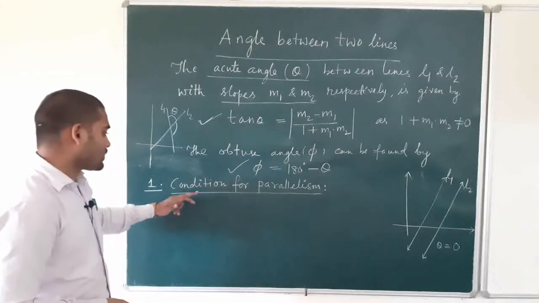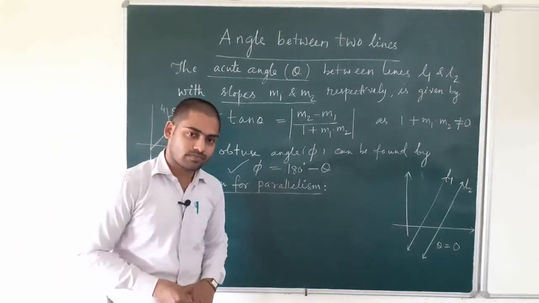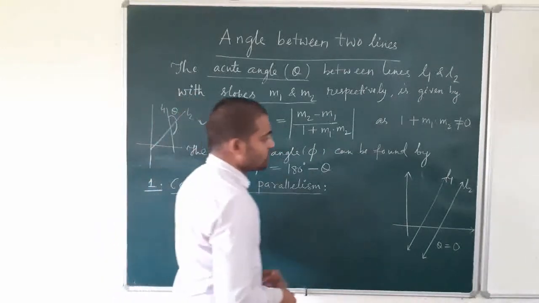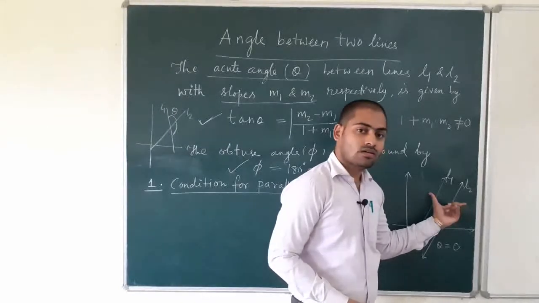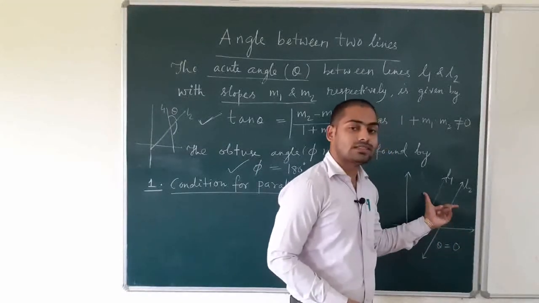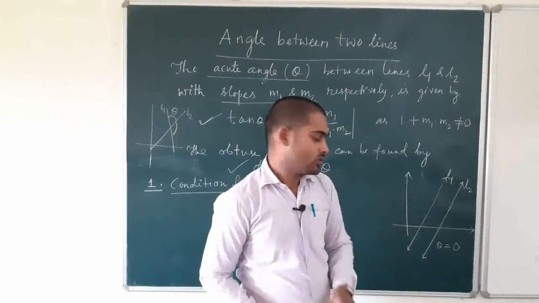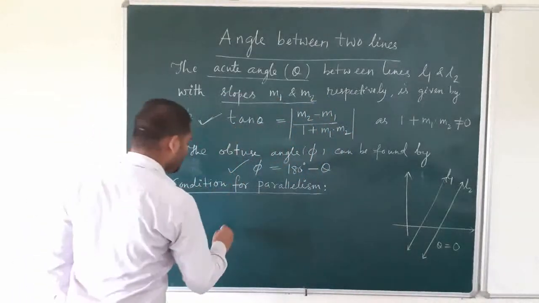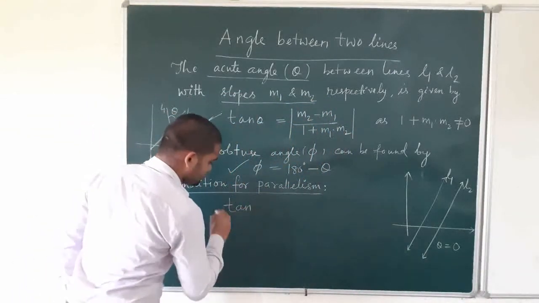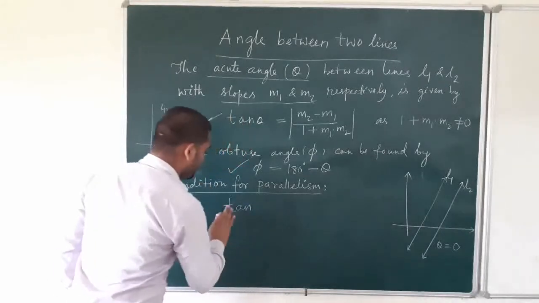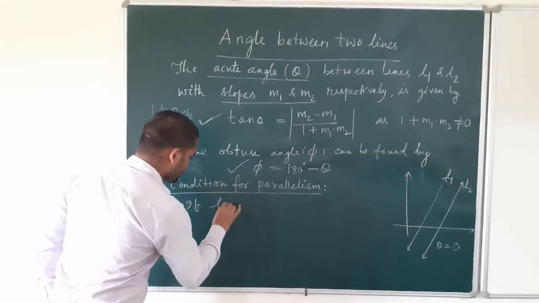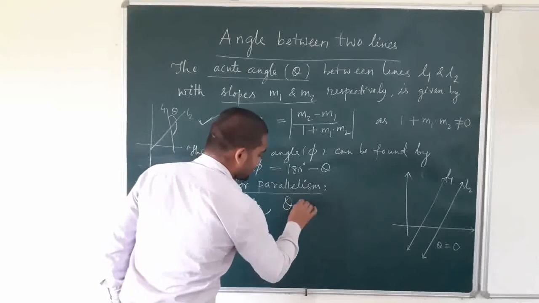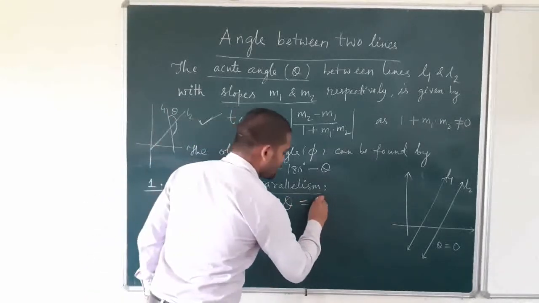First we see the condition for parallelism. Here, when two lines are parallel, the angle between the two lines is equal to 0. So theta is 0 here. If you write L1 is parallel to L2, then theta, the angle between them, will be 0 degree.